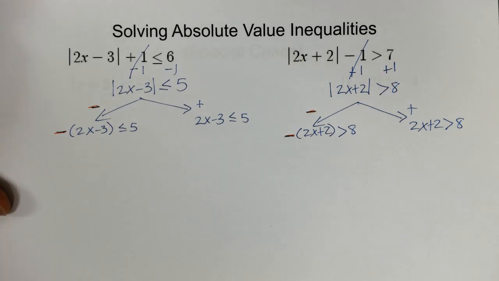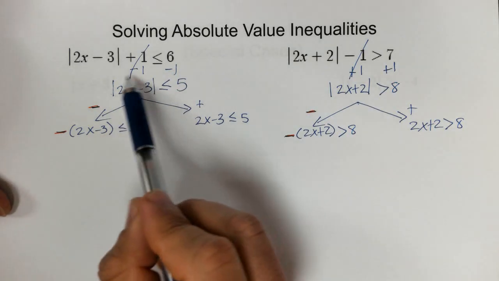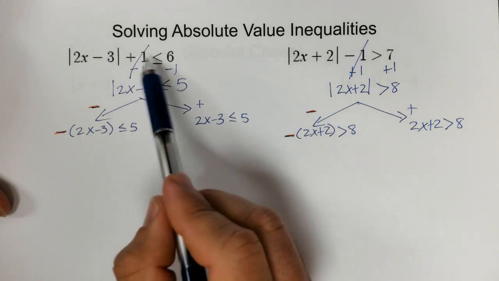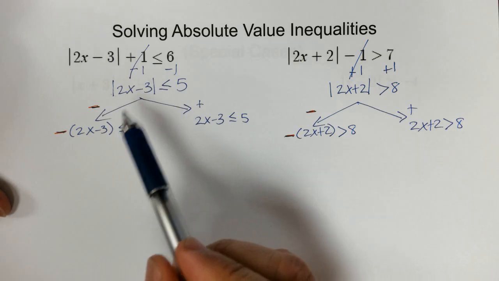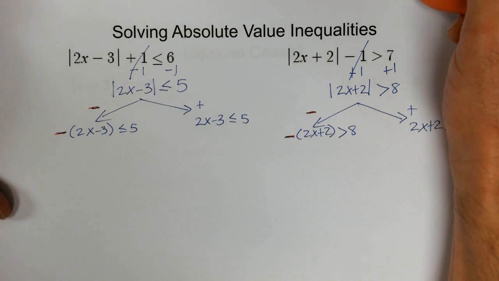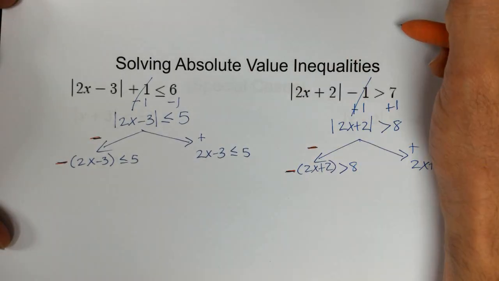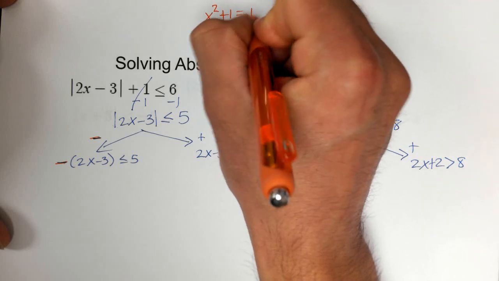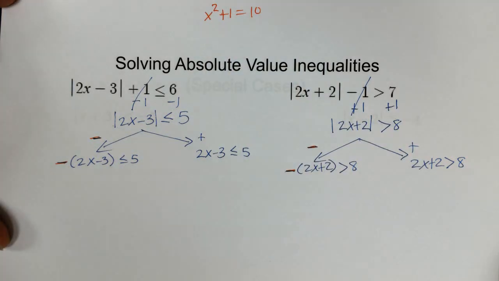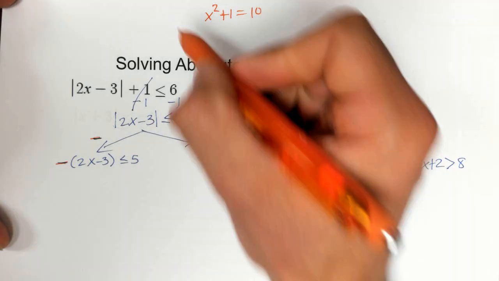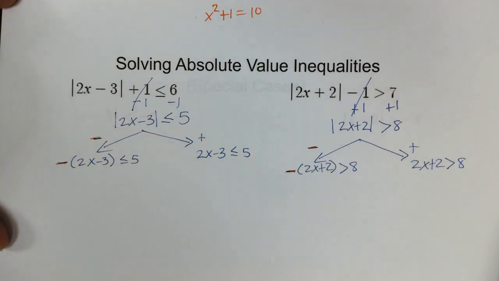Now, if you remember, the key thing here is the absolute value has to be alone before you remove things. I can't remove it at the top because there's a 1 affecting this. We've seen this before with quadratics. Whenever you're solving this kind of an equation, let's say x squared plus 1 equals 10, as an example, I cannot use the square root method and square root both sides of the equation.